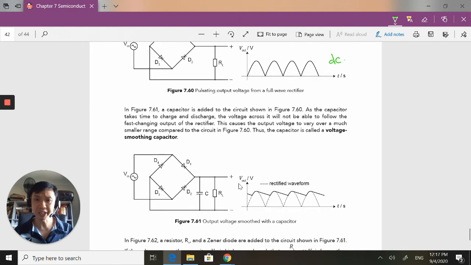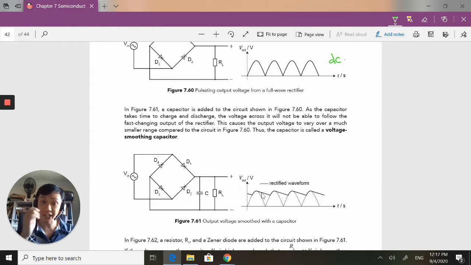So what we can do is put an RC circuit, a capacitor here, to smooth out the waveform. It charges, discharges, charges, discharges. But before it can fully discharge, the signal has already changed direction. And before it can fully charge, the signal changes direction again.